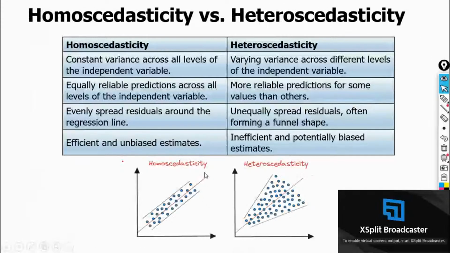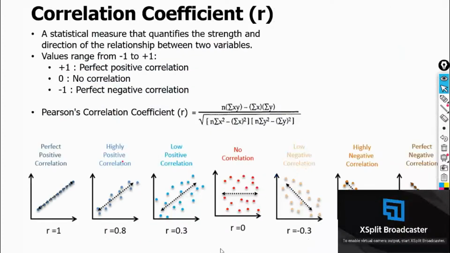We discussed the differences between homoscedasticity and heteroscedasticity. In short, you can observe whether you have homoscedasticity or heteroscedasticity from the scatter.